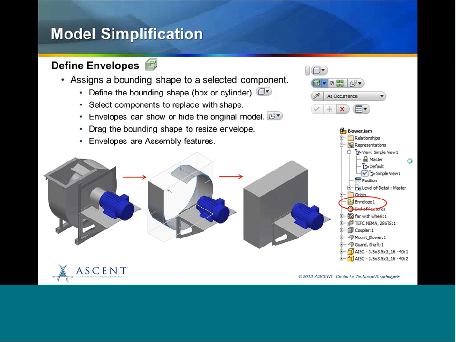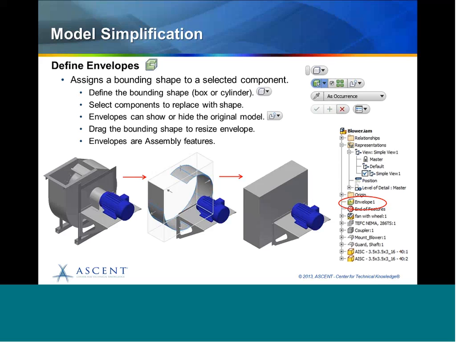Once you get into this command, you're selecting which components to replace. You're replacing it with a box, with a cylinder. You can also define whether or not that original component is maintained. So you can replace it with the box and then clear out the actual component. So with this icon here, you would hide it.